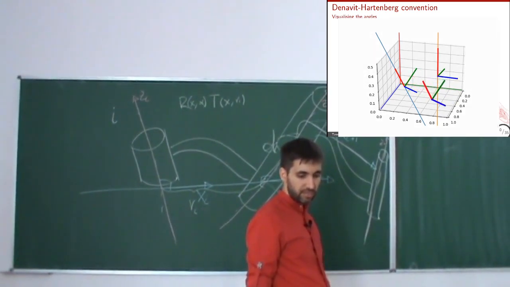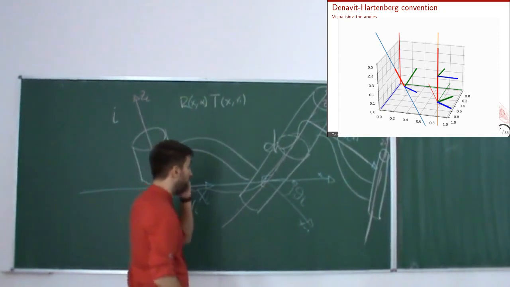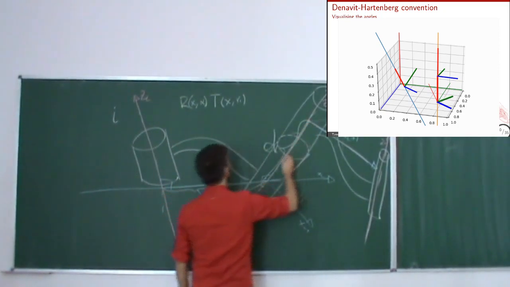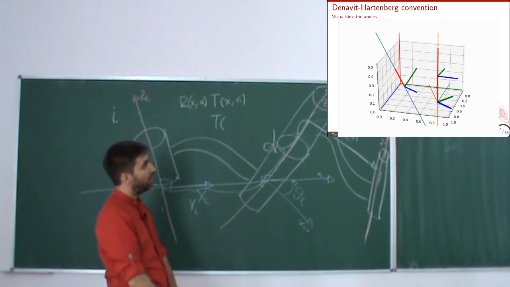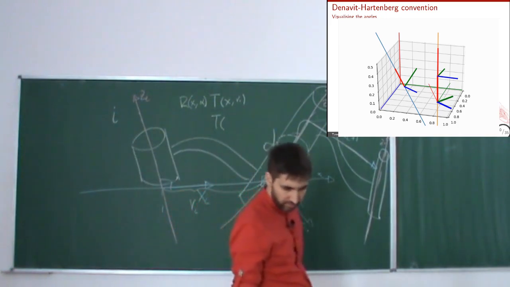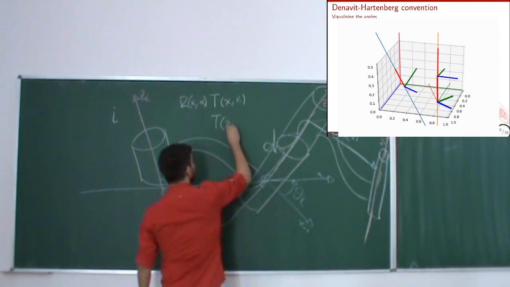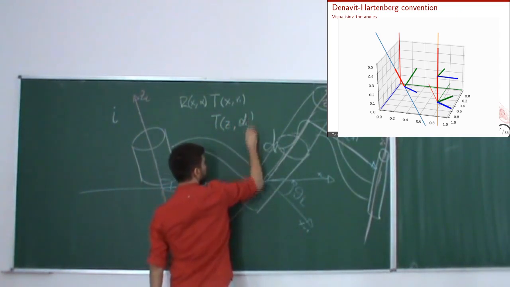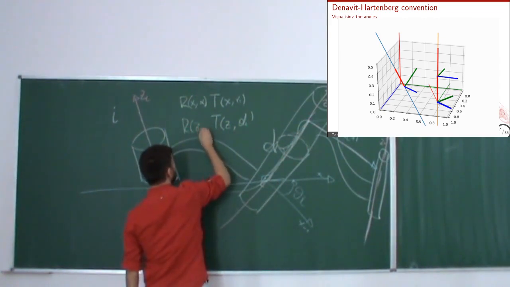Okay, so first translation, then rotation, and then what's next? What was the other parameter we saw? It's this distance here. So another translation and then a rotation. So I do translation of z by d_i, so this distance here, and rotation on z by theta.